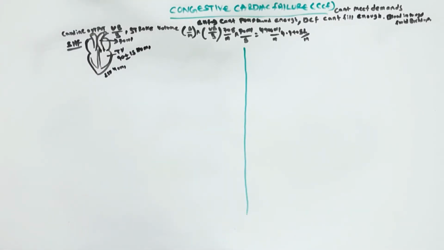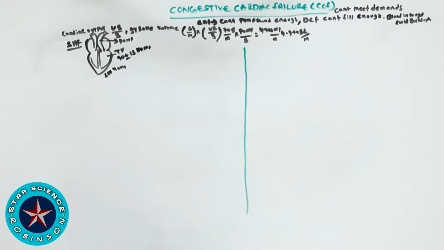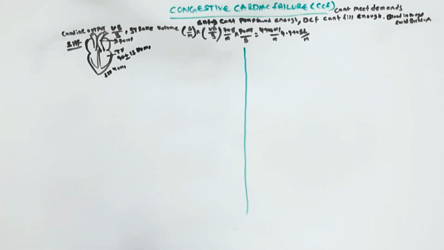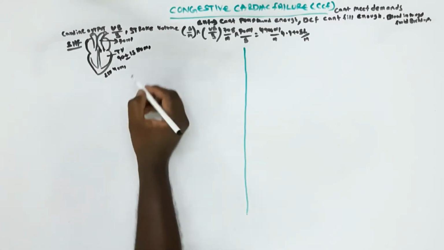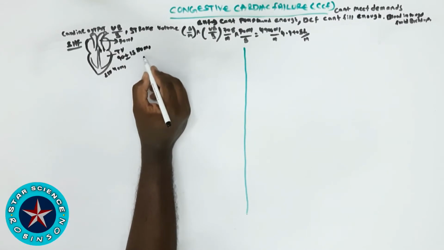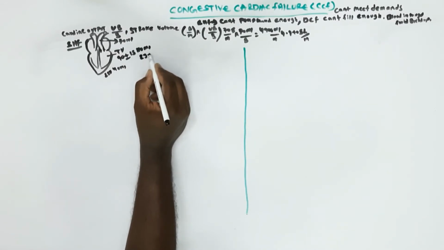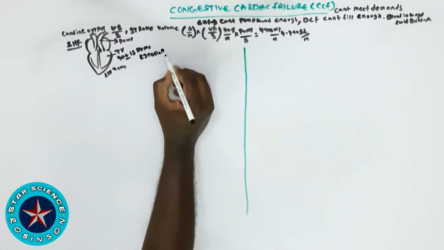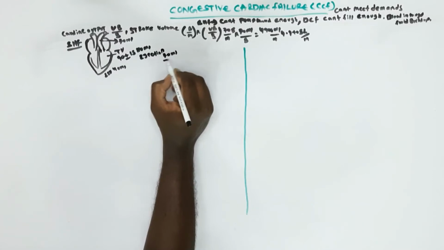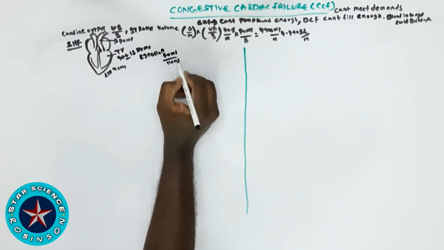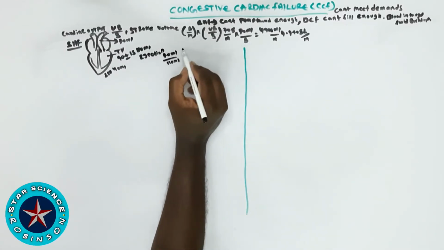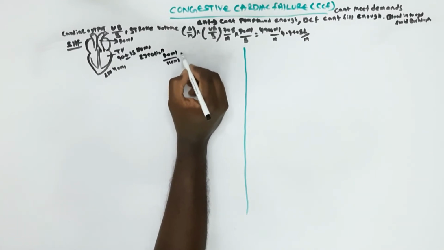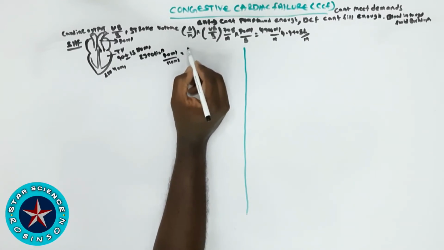That is what I'm showing you here. Out of the total volume of 110 ml, if around 70 ml has been ejected, then 40 ml will remain. Seen this way, 70 by 110 is around 64 percent ejected.